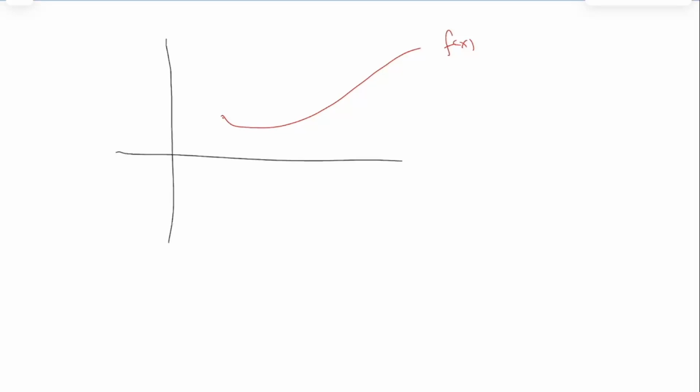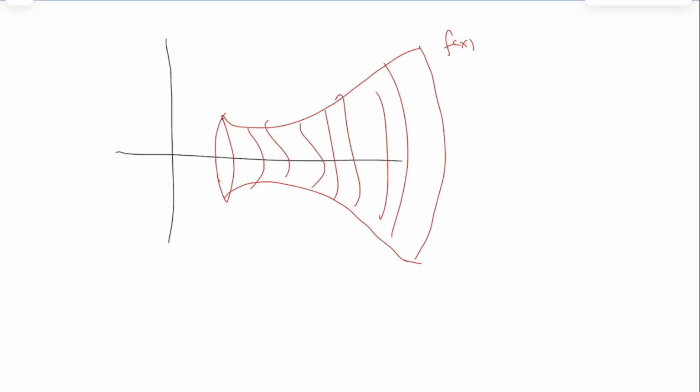That means it's the volume you would get if you took that same shape and spun it around the x-axis like this, and you get, in this example, some kind of a pot, an Erlenmeyer flask. Something like that. A round thing, which you would obtain if you spun that line around the x-axis. This is referred to as a volume of revolution, and we can find volumes like this using the integral.